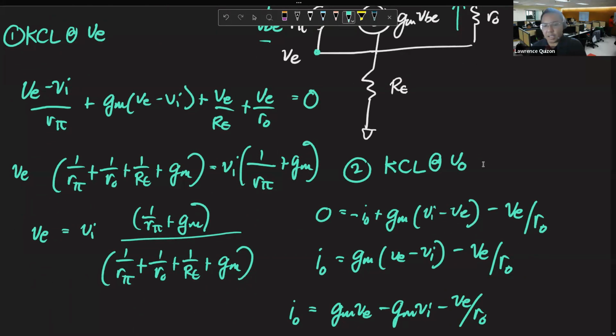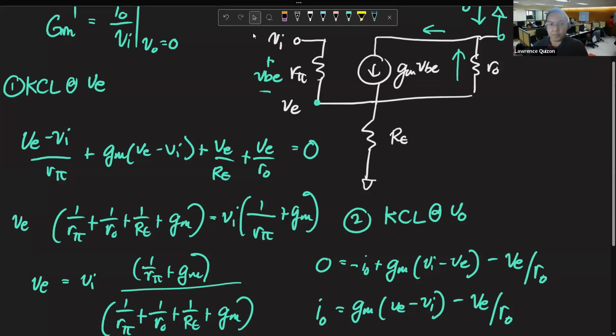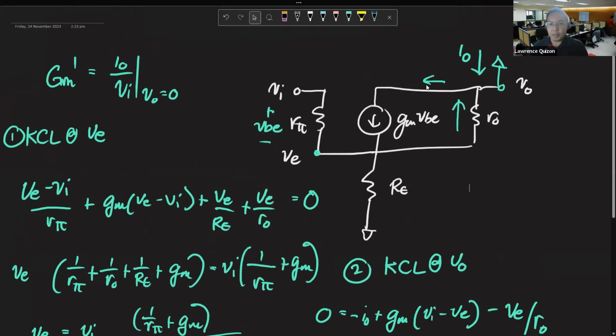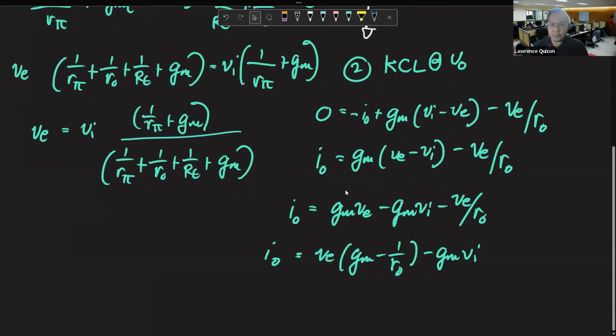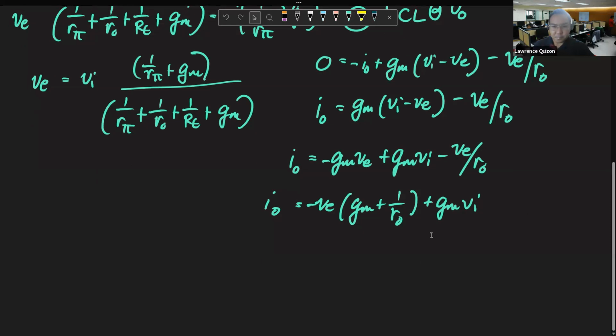So, V in minus VE, no? So, V in minus VE is VBE minus VE over R out is equal to 0, no? So, papalitan natin to V in minus VE. This is plus, this is minus. And so, we find GM plus 1 over R out tapos plus din to. Kasi negative si VE. Alright.